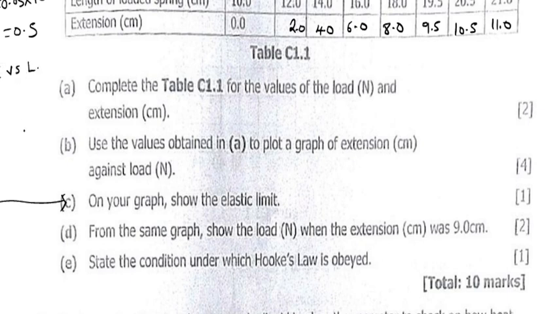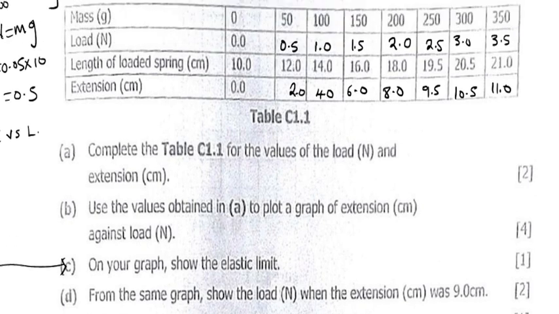Then what you can do is you can come up with now using an actual graph paper that you have, you look at what we have here. So on the vertical one, what are we going to put? On the vertical one, we are putting extension, since we are saying extension versus load. So vertically, we are putting extension, then horizontally, we are putting load.